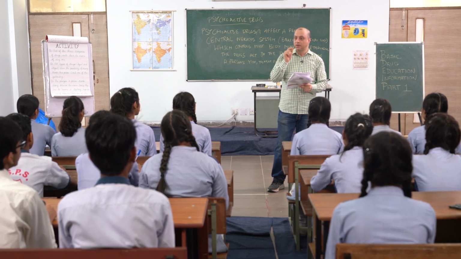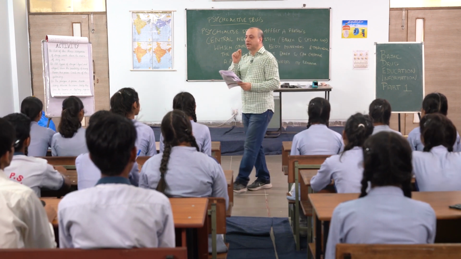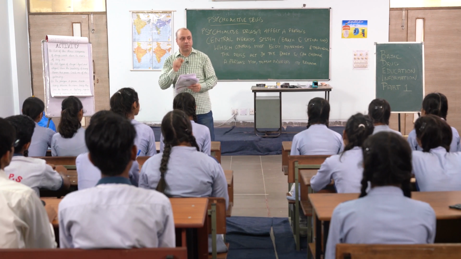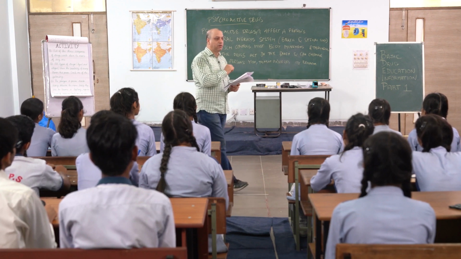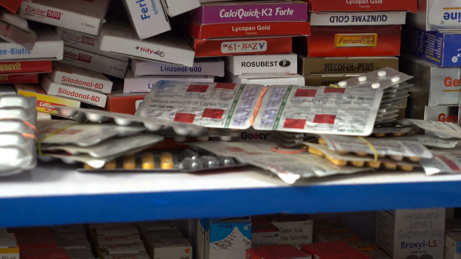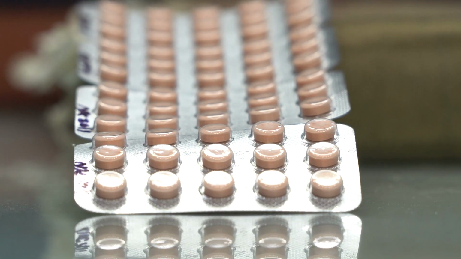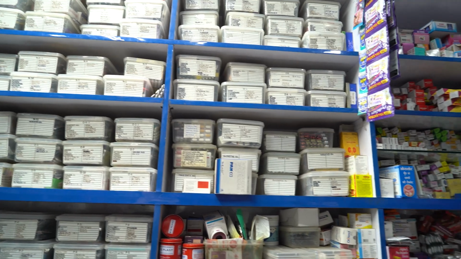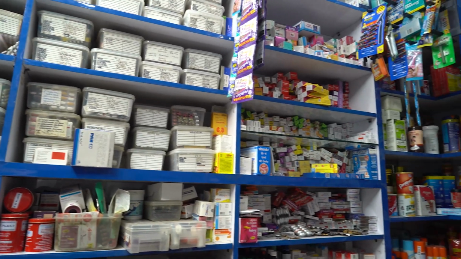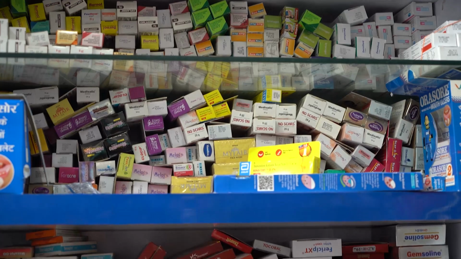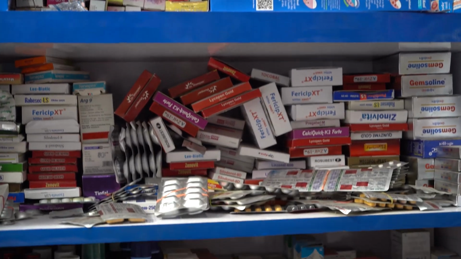So only people of a certain age can use them, buy them, procure them, possess them. And for people with a relevant medical prescription, that's very important. Unless you have a prescription, you can't buy a particular drug.